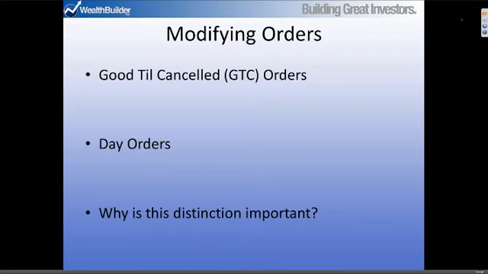Then the next day copper would break out and you wouldn't be in the trade. However, if you had used a good till cancel order on the day that you placed the order, the next day that copper broke out, your order would still be there and now you're in the copper breakout trade. So it's important to remember that if you want that order to be there longer than one day, you use a good till cancel order.